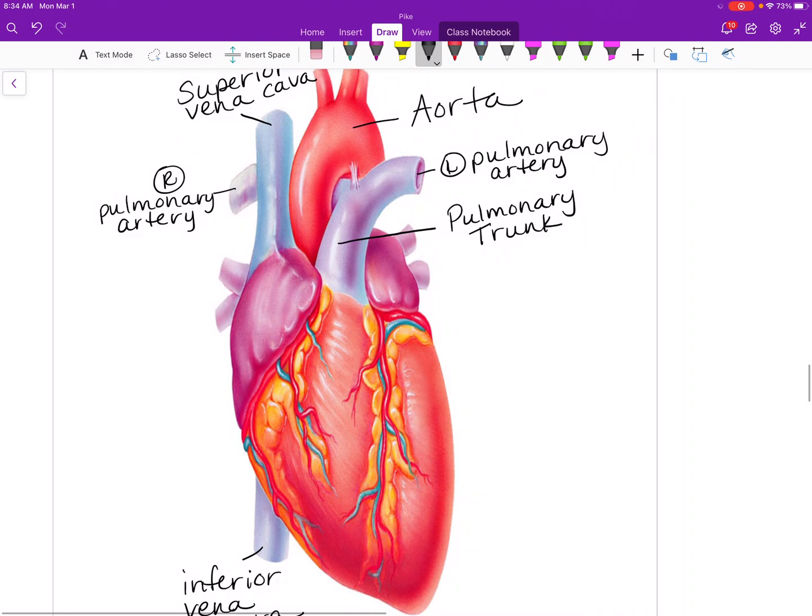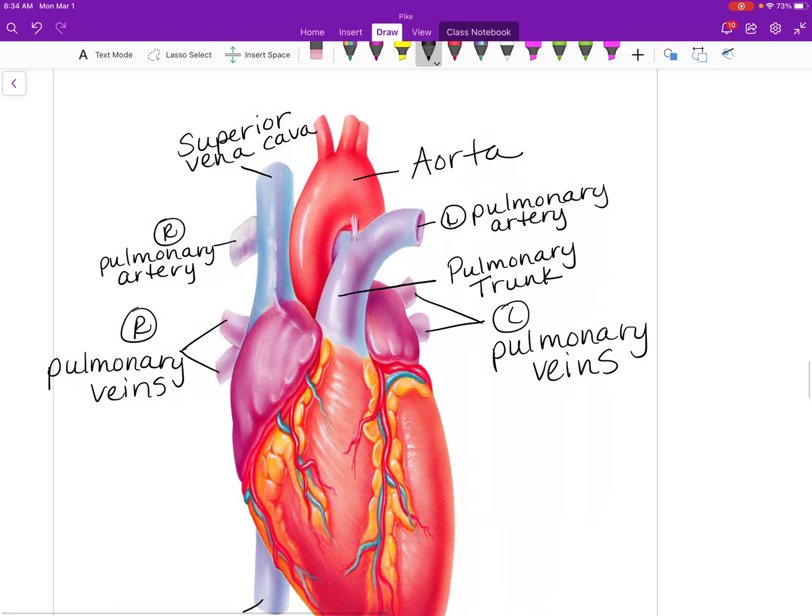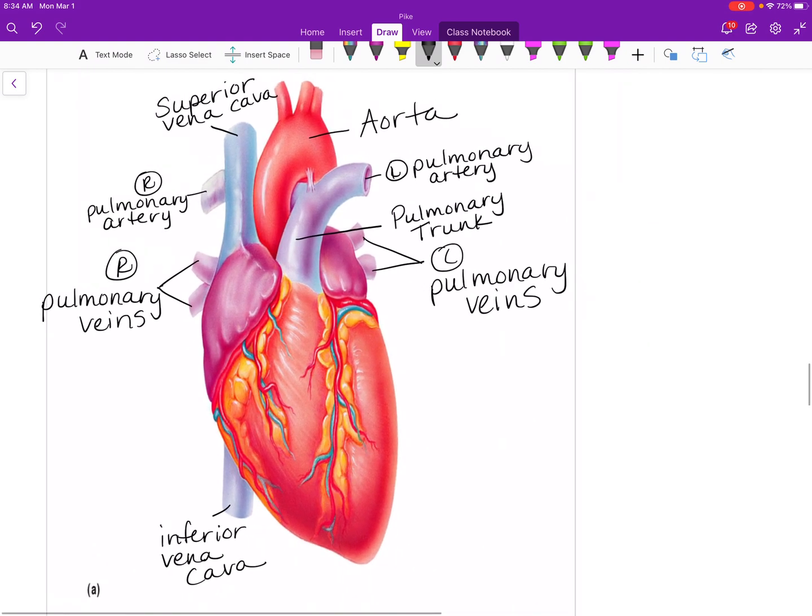And then the other veins bringing blood back from the lungs are the right pulmonary veins. There are two on each side instead of the one for the pulmonary artery, and we'll talk about that when we draw blood flow. Over here are the left pulmonary veins. Okay. So remember, everything is backwards on paper, okay? So those are the major vessels that we can label in this intact heart.